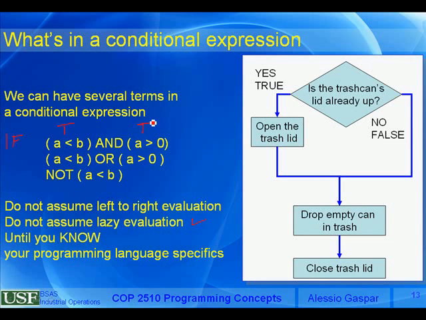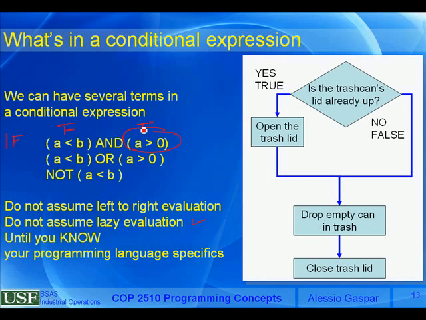It's pretty common sense here. So what happens if you look at A and B and you determine that A is actually not strictly lesser than B? Do you even need to look at the second term? Well, not really, because the AND logical operator requires you to have both operands true. So if you figure out the first one is false, why bother?